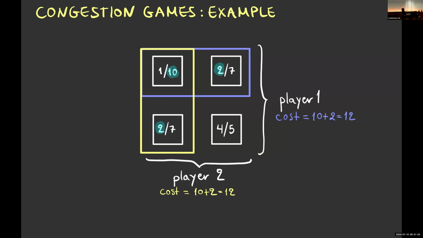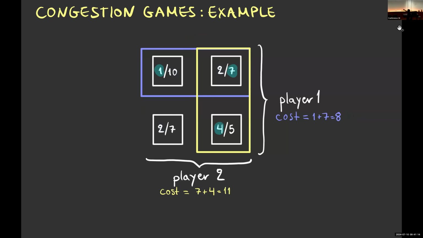What's going to happen? And you can see that, for example, player 1 has an incentive to deviate and go right, because then from 12, they can go to 11, because it's not going to be 7 and 4, okay? And similarly now, notice that also the cost of the first player improved, okay? But we don't care for that, just player 2 unilaterally deviated.